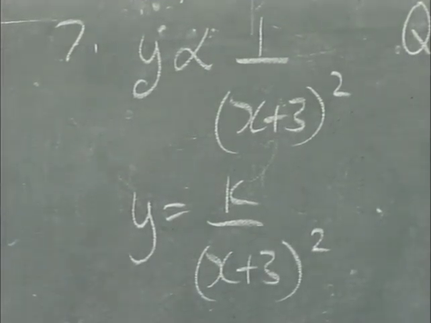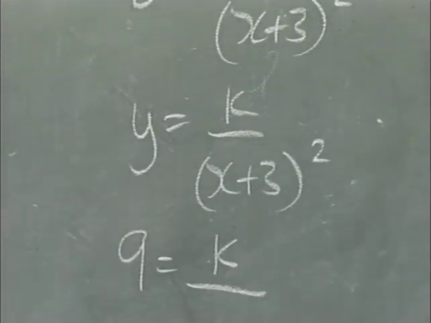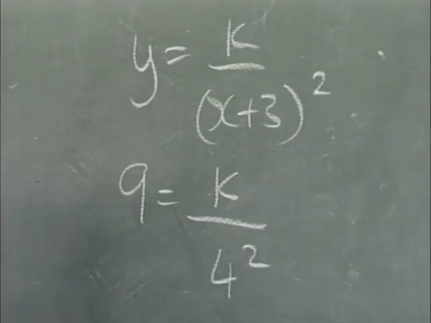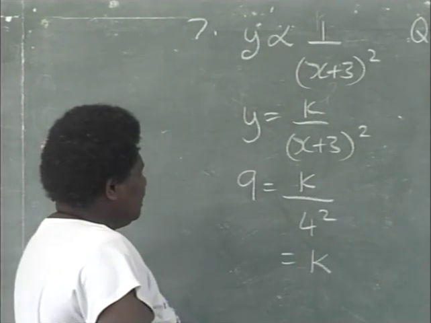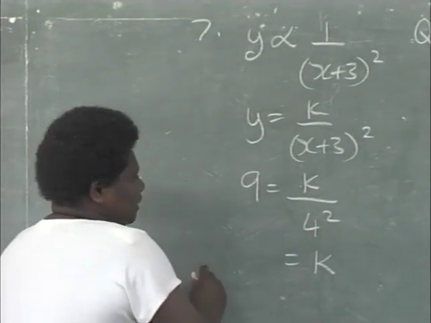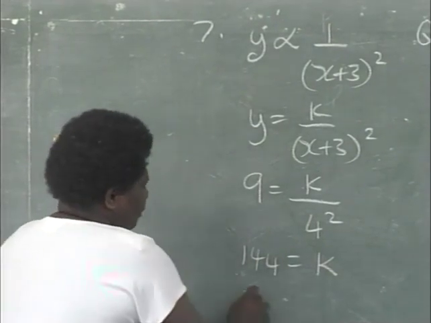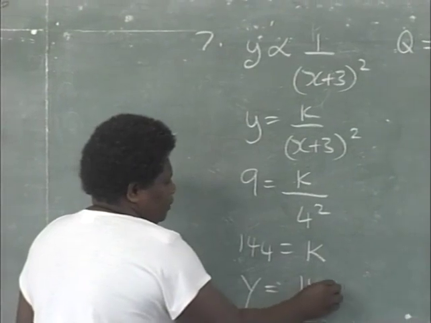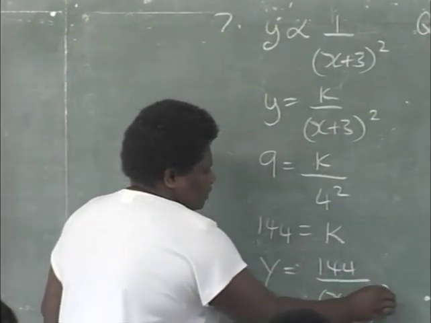All right, you are told that y is 9 when x is 1. So when x is 1, I will get 4 here, 4 squared. And k is equal to 16 times 9, which is 144. So the equation that we are substituting into is y equals 144 over x plus 3 squared.